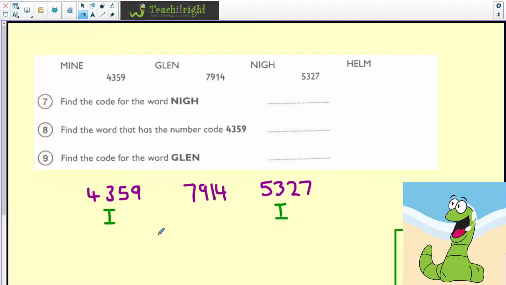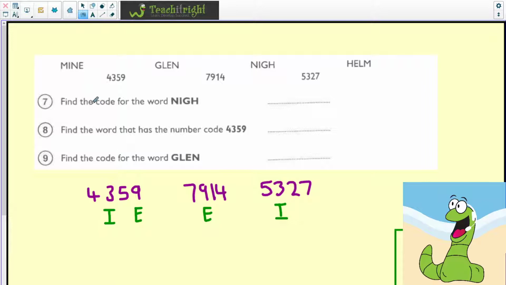Now we can focus on, let's have a look at a different number here. So we can see that the 9 appears as the second letter and the 4th position. So this must equate to, let's have a look if we've got any second and 4th. Yes, we have. So we've got an E. So we can go with E there and E here.